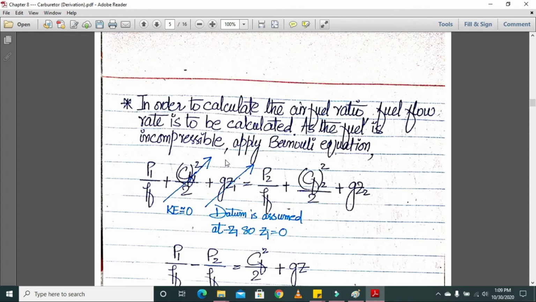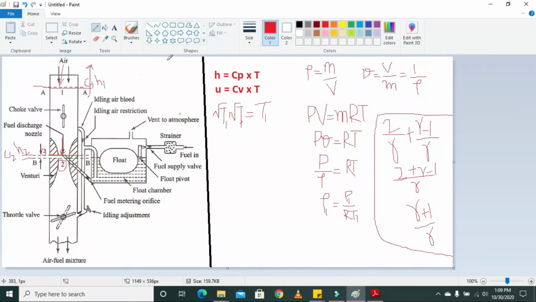And for the fuel, the state 1 and 2, I am using this color for the fuel. This is state 1 for the fuel, inside the float chamber, while state 2 will remain the same for fuel, because it is going inside the venturi throat.